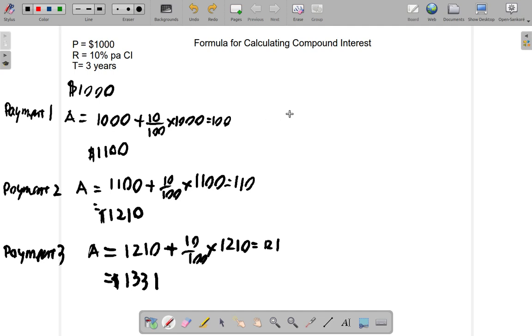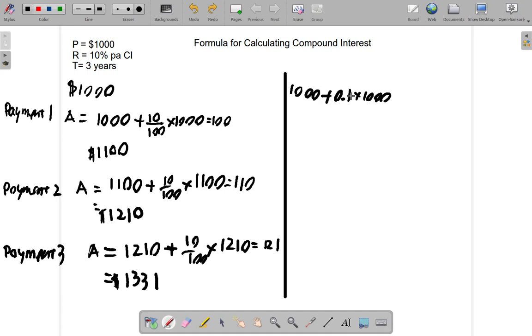Upon payment 1, this is what you have. Now 10 over 100 is the same as, in decimal, 0.1. So you could say that this money, let me draw a line here to kind of separate what I'm doing, is 1,000 plus 0.1 of 1,000, right?